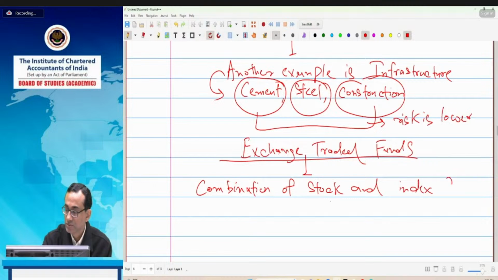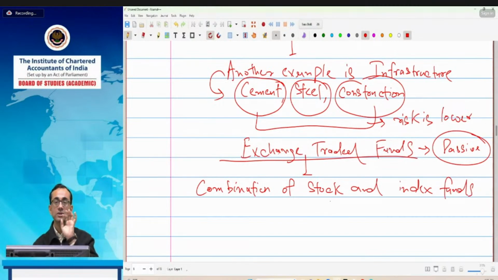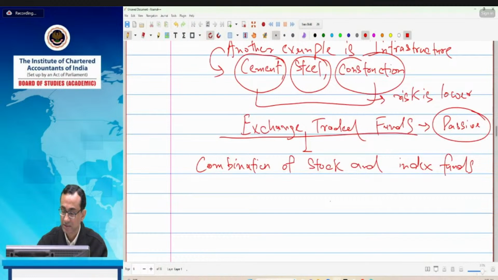I'm not saying mutual fund, I'm specifically saying index fund, because an exchange traded fund is also a passive investment. Why passive? Because the units are directly invested in those companies which are there in the index. For example, there is a Nifty 50 ETF. You can understand that this ETF is investing in those companies which are already there in the Nifty 50.